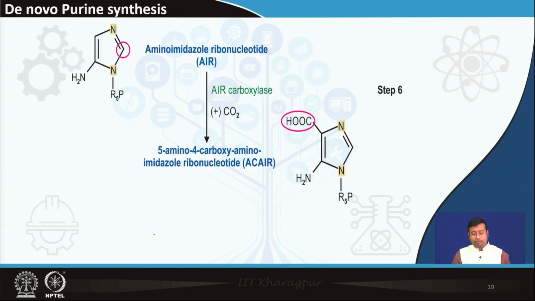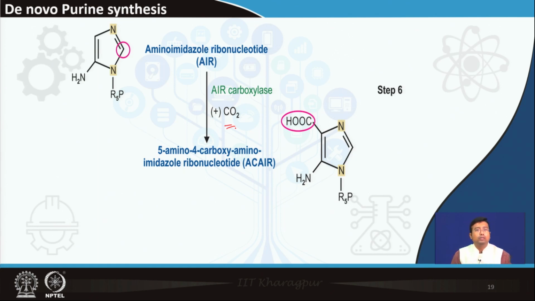Okay. So, let us see what happens. A carboxyl group is introduced. We know the bicarbonate actually dissociates to form carbon dioxide and water by combining with H plus ion. So, this donor can be found as bicarbonate in multiple textbooks.